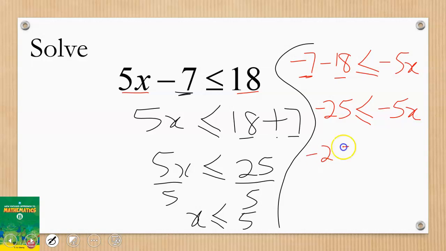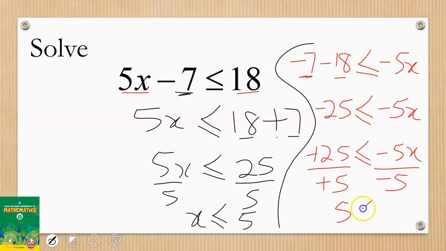Now, with our negative 25, we are going to divide both sides by negative 5, here by negative 5. In doing so, our answer will be 5, and because we are dividing by a negative, we change the symbol. That is why I did this.